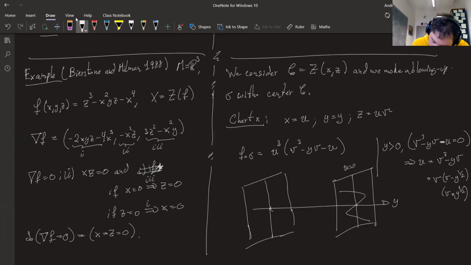we do again this game, U equals 0. So here was a positive Y, and here is a negative Y. If we do the same game, now the difference is that we're not going to be able to take this square root. So we're going to have 2 solutions which are imaginary.